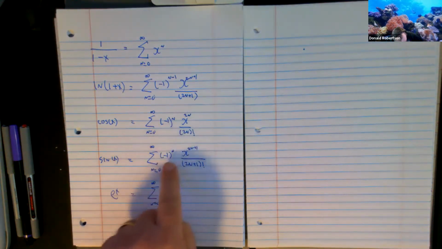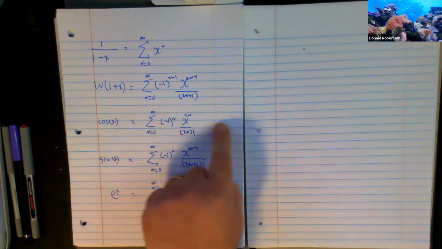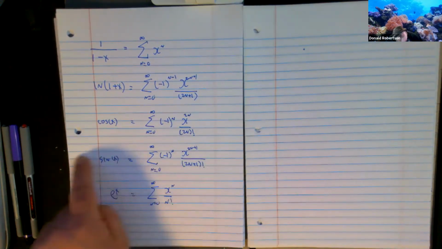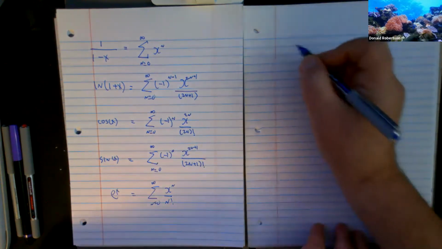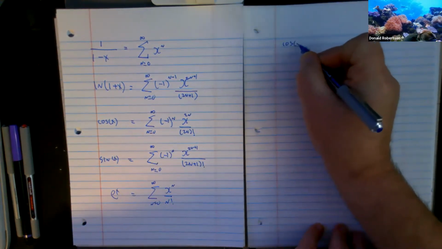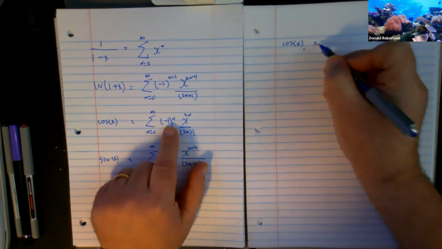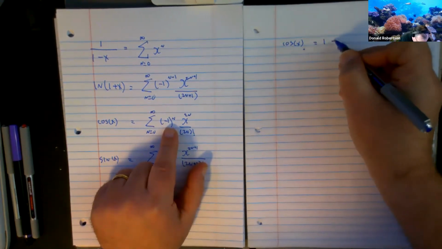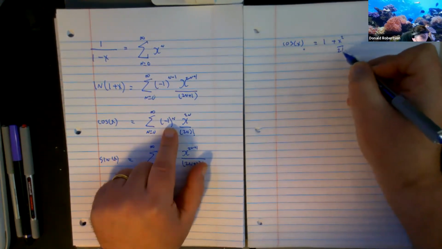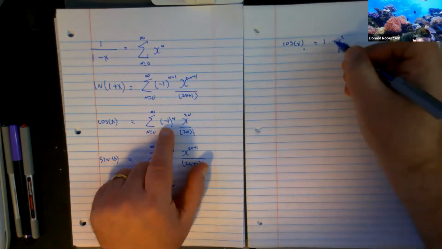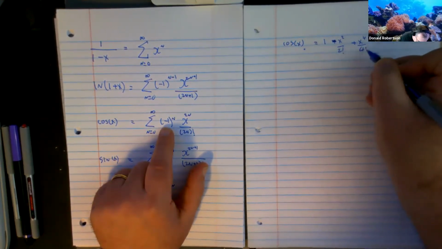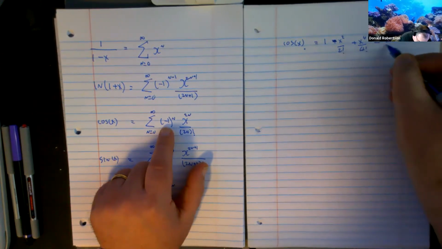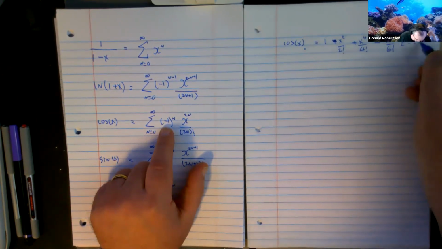If you took all the even powers, which is the cosine, and all the odd powers, which is sine, and I wrote these down, cosine of x would look like this. It'd be 1 minus x squared over 2 factorial, plus x to the 4 over 4 factorial, minus x to the 6 over 6 factorial, forever.